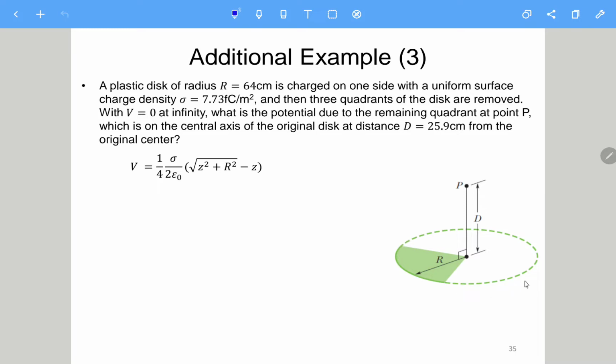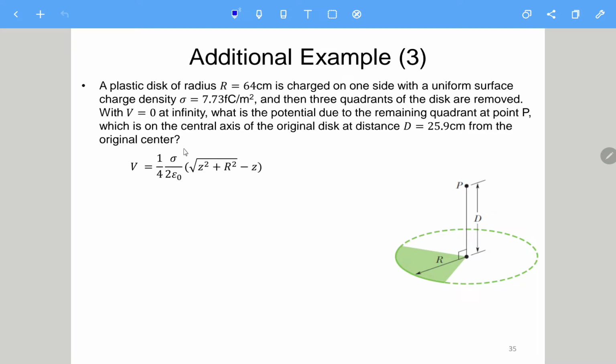So originally we have the whole disc, and then we put the charge density there, and then we remove the 3 quadrants. With V equals 0 at infinity, what is the potential due to the remaining quadrant at point P, which is on the axis of the original disc at distance d from the original center?